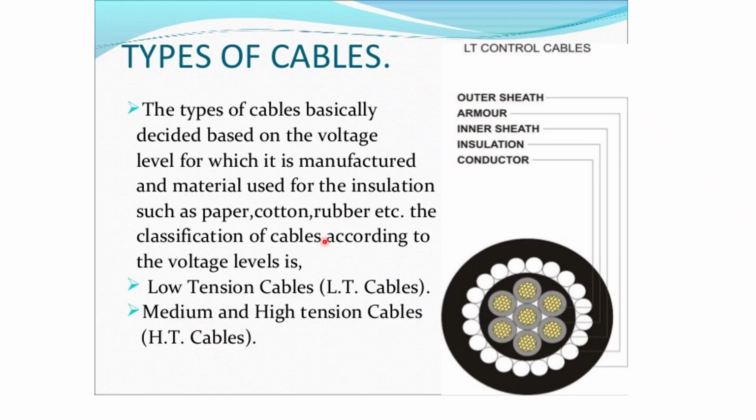The classification of cable is according to voltage level, low tension, we call medium voltage, and in British countries it is known as LT cable. These may be medium type or high tension cable.